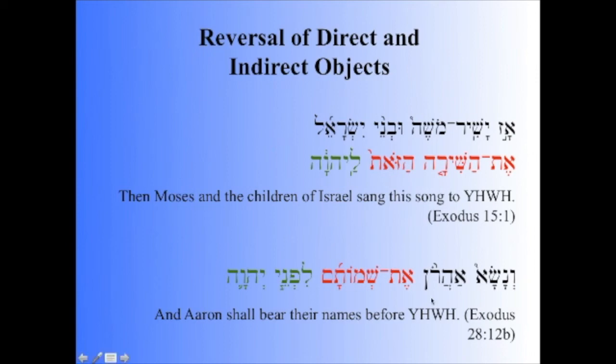And here in Exodus 28, the direct object comes first, followed by the indirect object, because the text has been talking about the names of the people. And so it is continuing that thought and emphasizing the direct object.